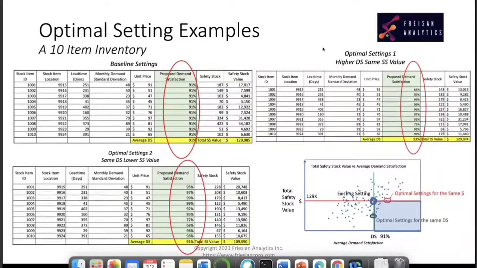So we have a very simple 10 item inventory. These are real. I have a LinkedIn paper, and I give a link to this spreadsheet. So only 10 items in the inventory. The top one is the baseline settings.